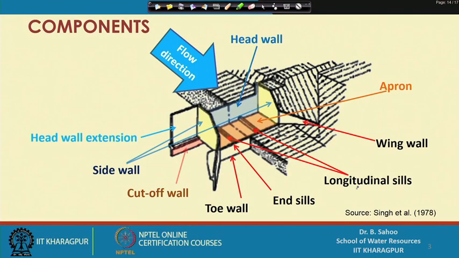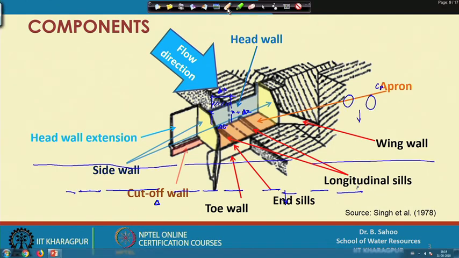Today we will discuss the components of this drop structure. You can see this figure. There are different components: head wall, upper wing wall, longitudinal seals, end seals, toe walls, cut off wall, side wall, head wall extension, and the flow direction coming from this side.